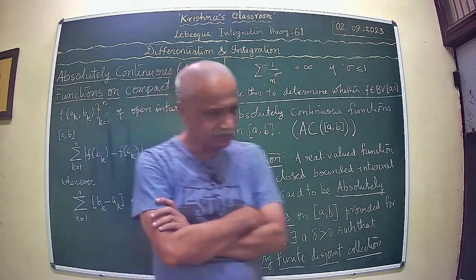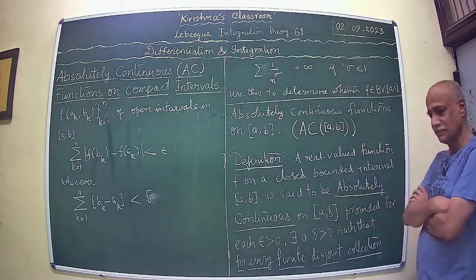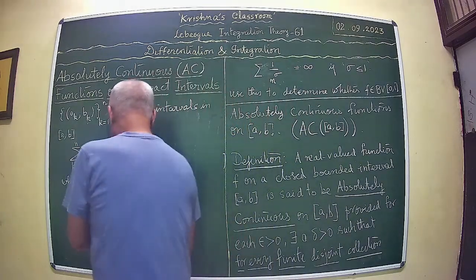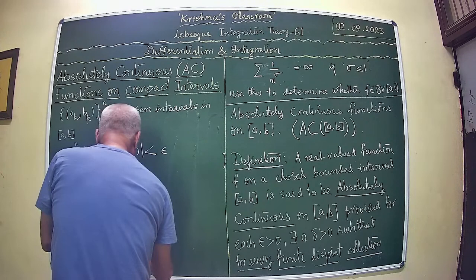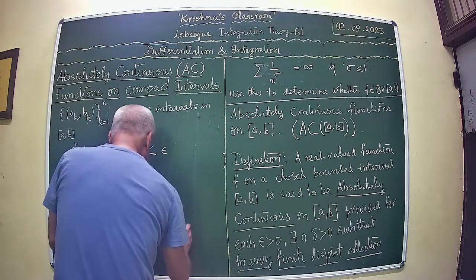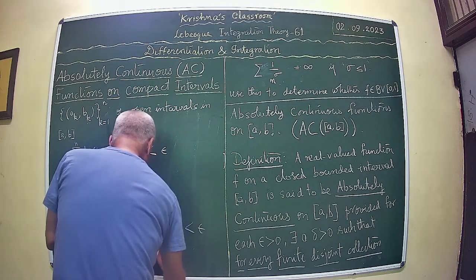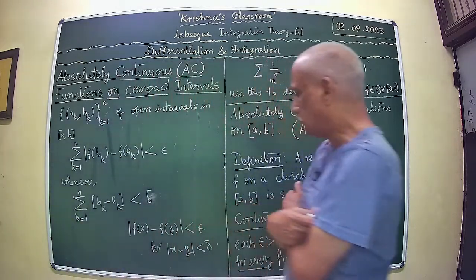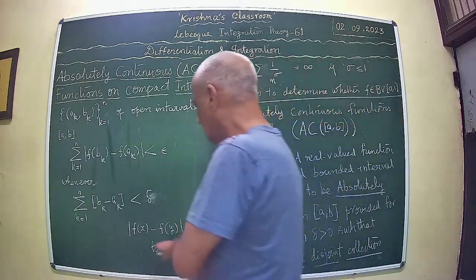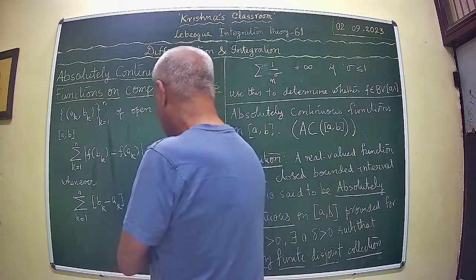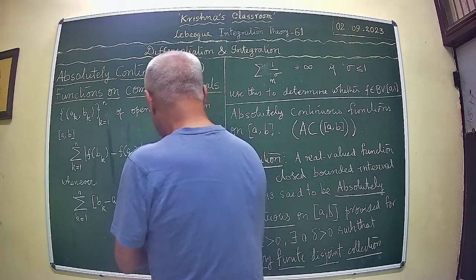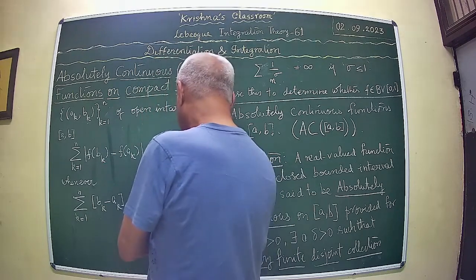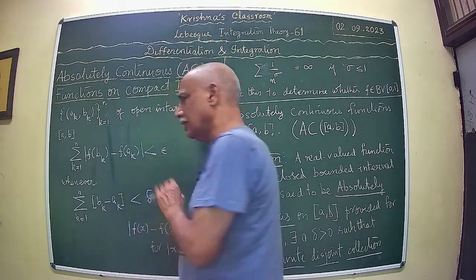If you take any subinterval x, y, you have mod f(x) minus f(y)... That means given epsilon there exists a delta such that for every x and y you have mod f(x) minus f(y) less than epsilon whenever mod x minus y is less than delta.